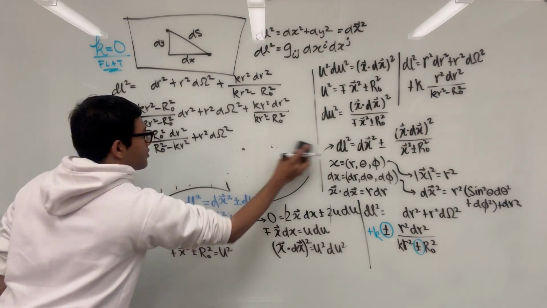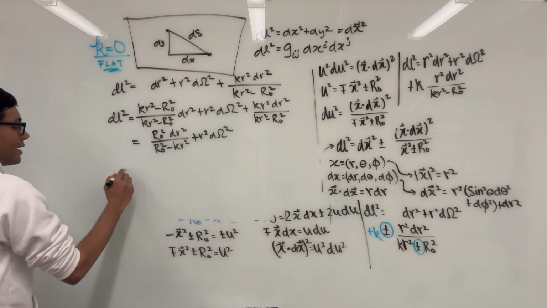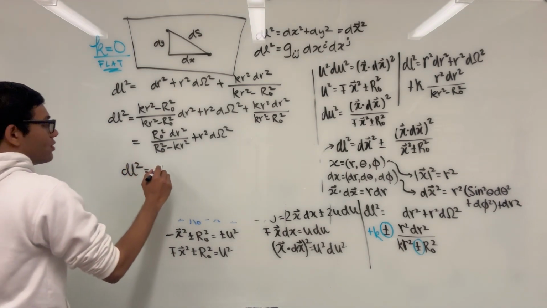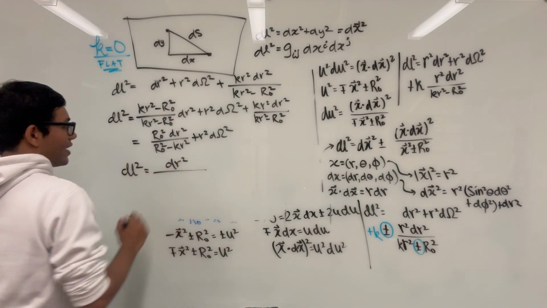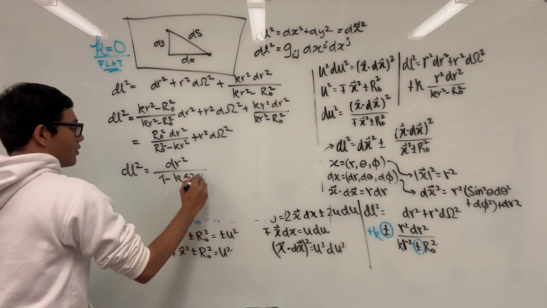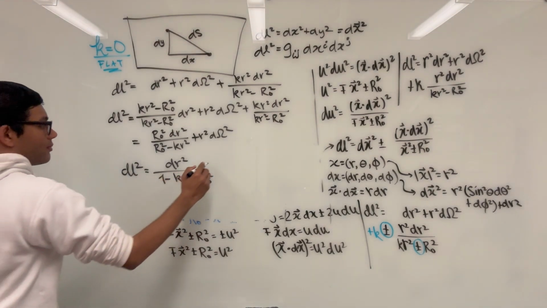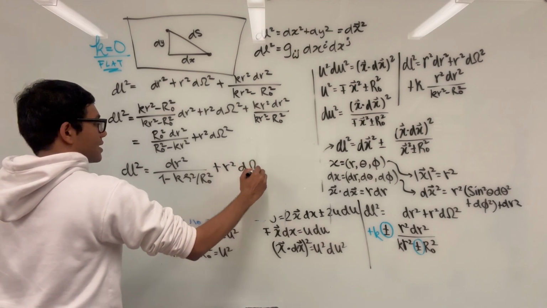Okay, so if I solve all of this through and do all the algebra, then I'll find that dl squared is equal to dr squared divided by 1 minus k r squared over r naught squared, something like this, and plus r squared d sigma squared.